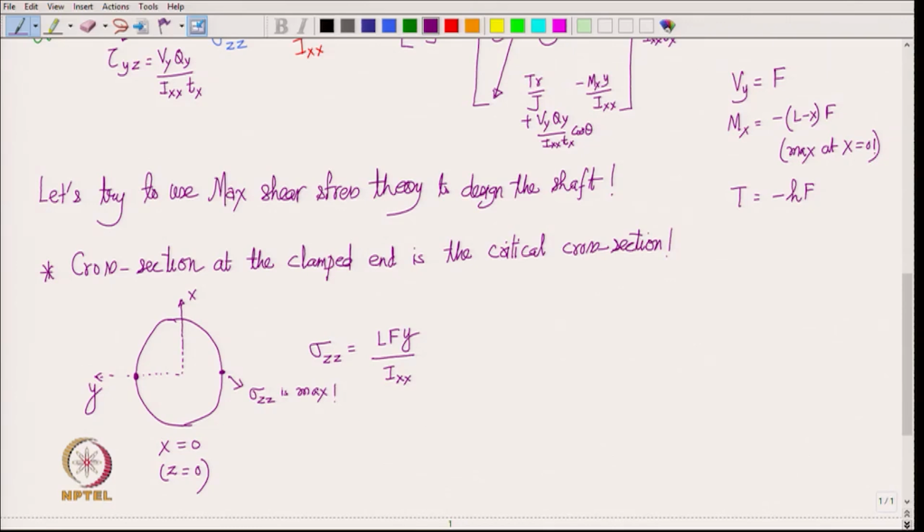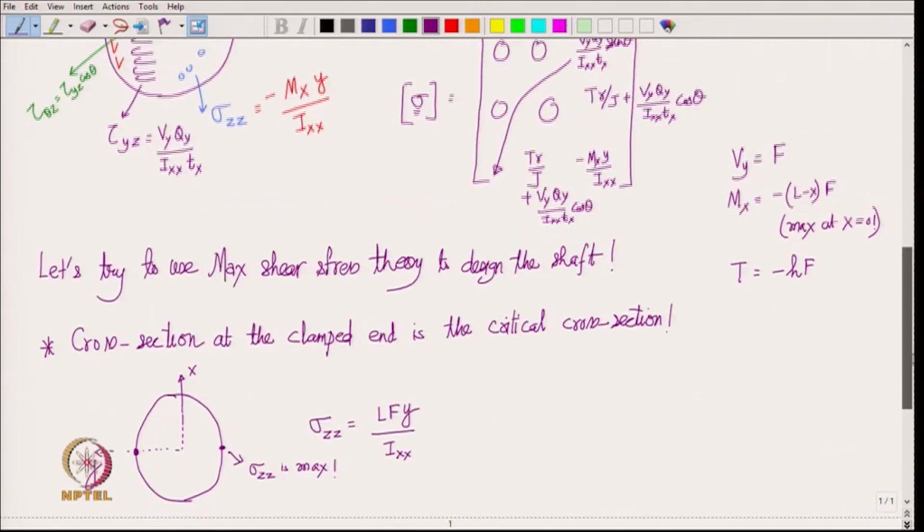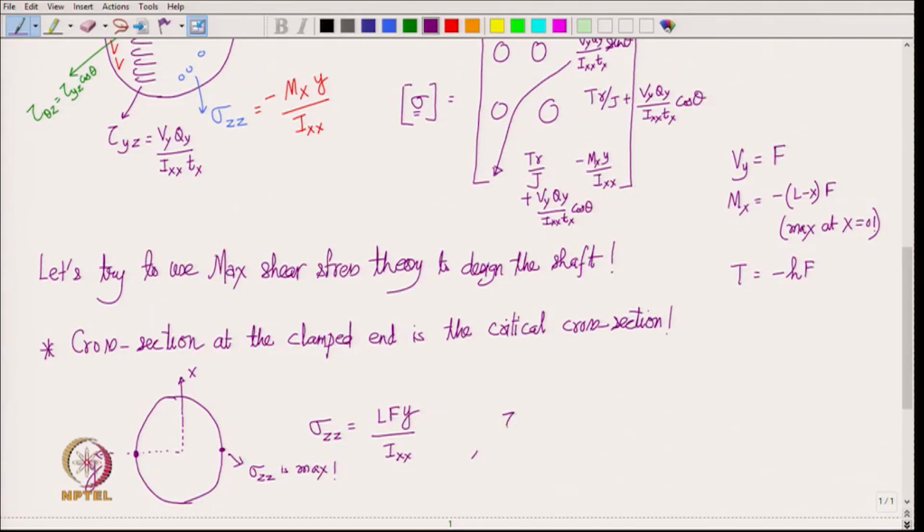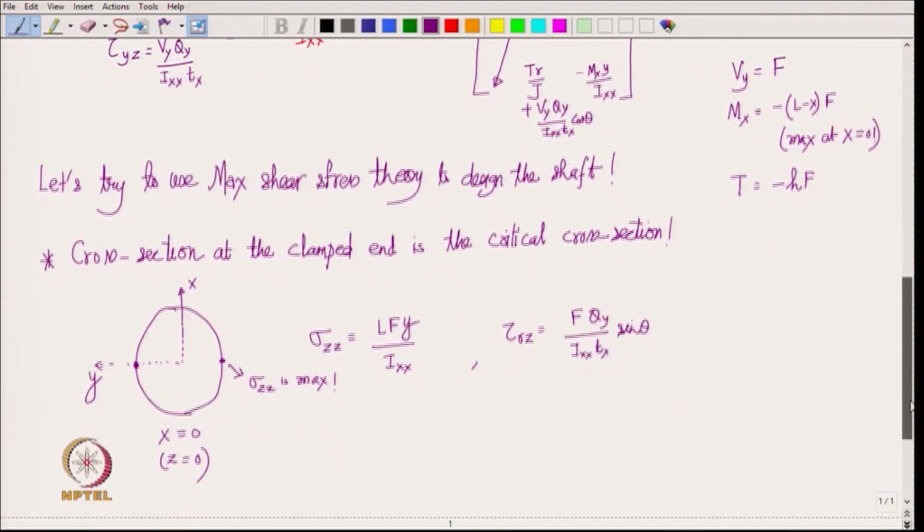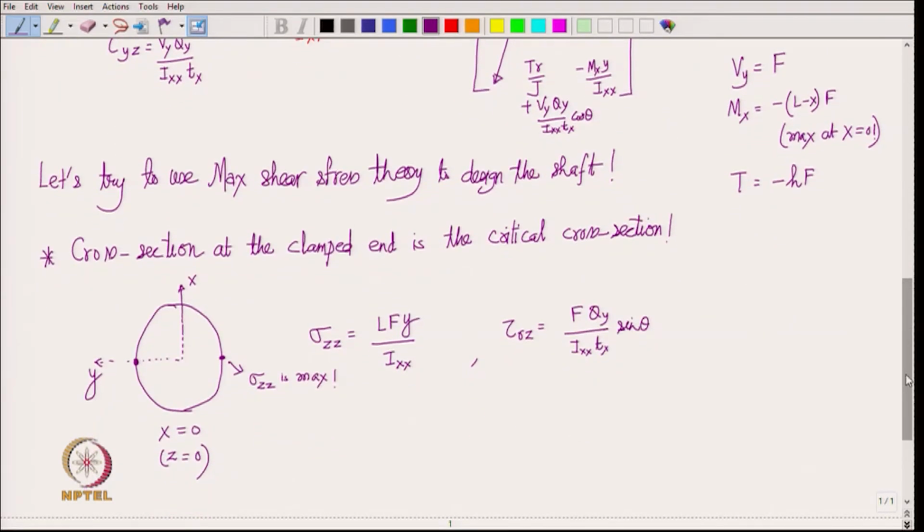Okay. What about the shear stress? So, tau r z for this cross section is F into Q y over I x x into T x into sin theta, right, and Q y becomes maximum when y is equal to 0.